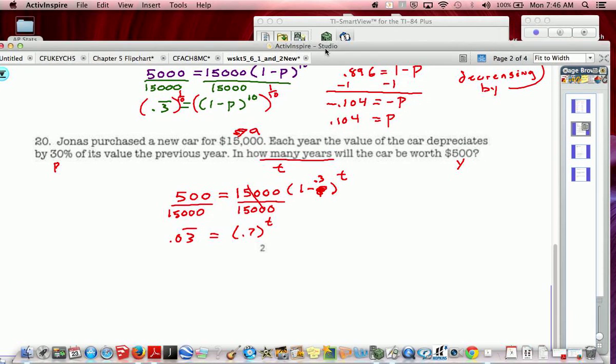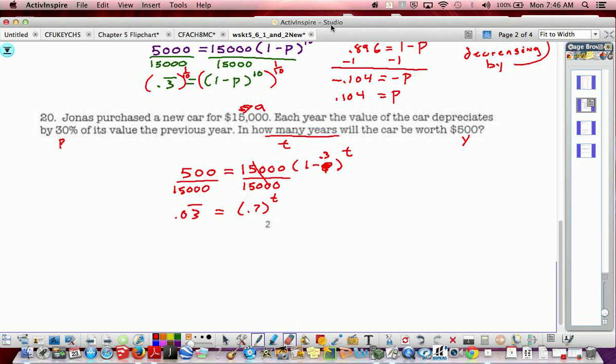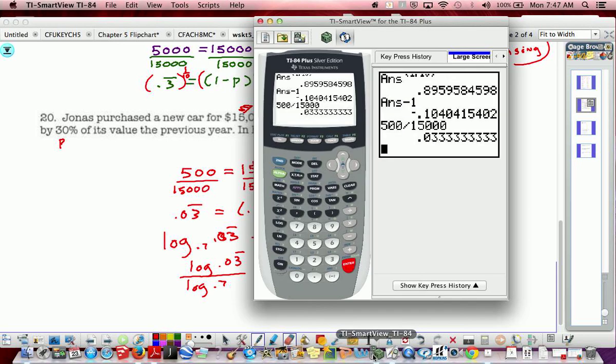Alright, sorry about that. Let's get back here. So now, since it's in exponential form, we're going to write it like a log. So log, my base is 0.7, my number is 0.03 repeating equals T. So now if I do change of base, log of 0.03 repeating over log of 0.7 should equal my T. So now let's go log.